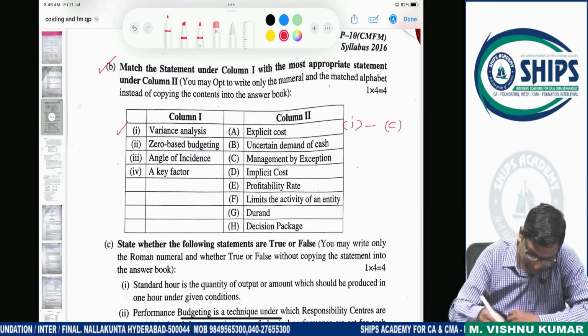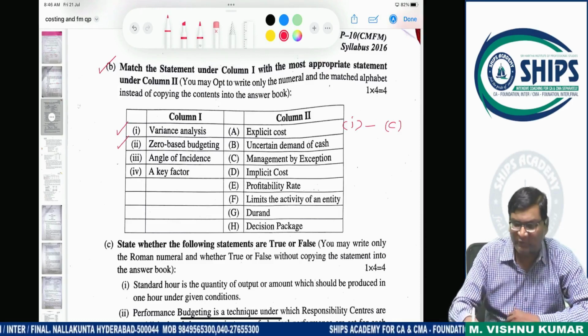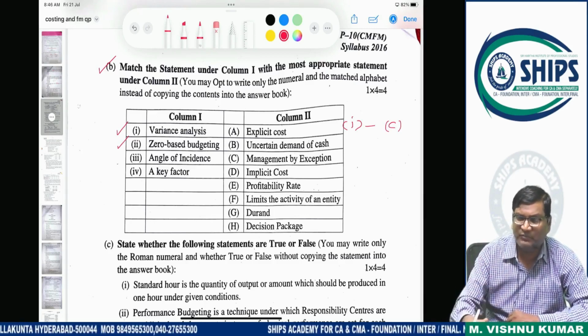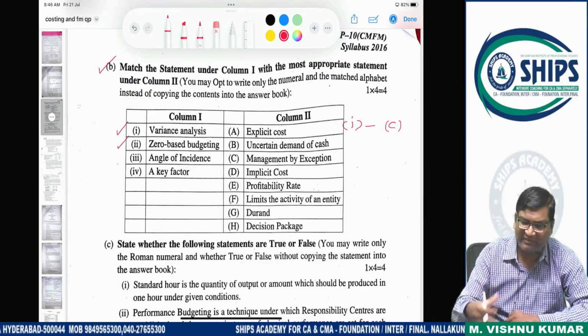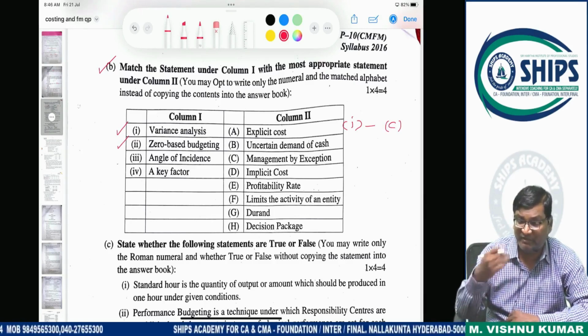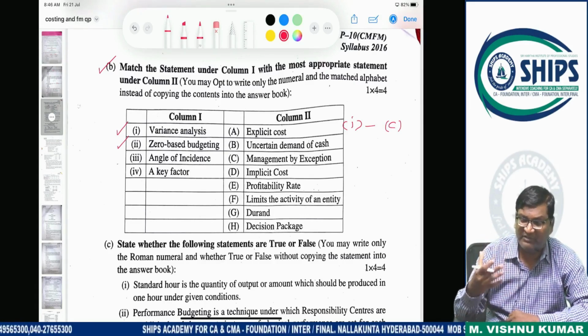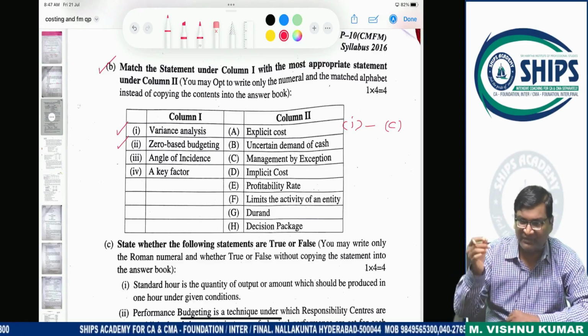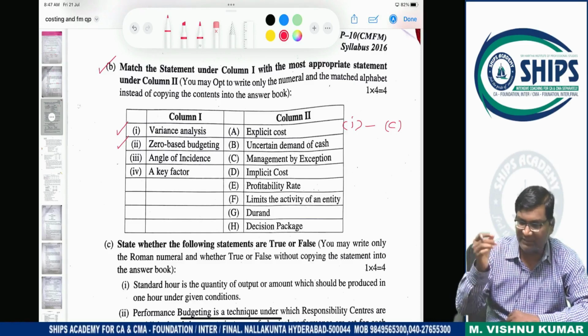C. Second, zero-based budgeting. Zero-based budgeting means a new organization, or the first time you are preparing the budget, so you don't have any base. Budgeting compulsorily requires a base, previous data. So without previous data, if you are preparing the budget, you are starting from zero, from scratch. That is called zero-based budgeting.